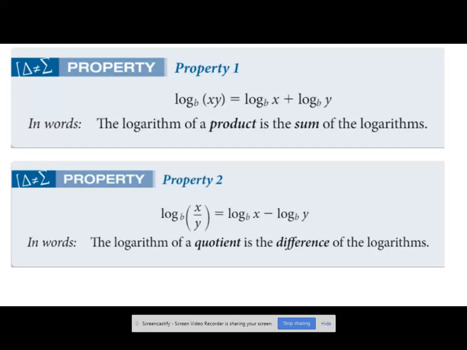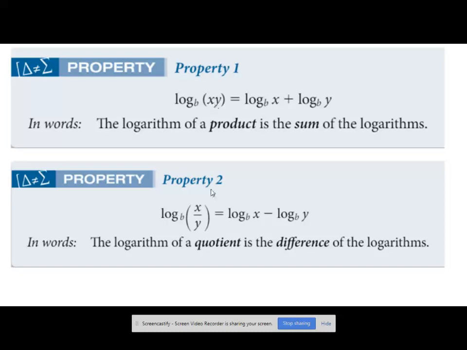So one thing people would do is take the log of both of those numbers and add them together. And that's what this property gives us: the log of x plus the log of y is the same as the log of x times y. So you can use this property to expand multiplication, and to combine two logarithms with the same base being added together into the log of x times y.